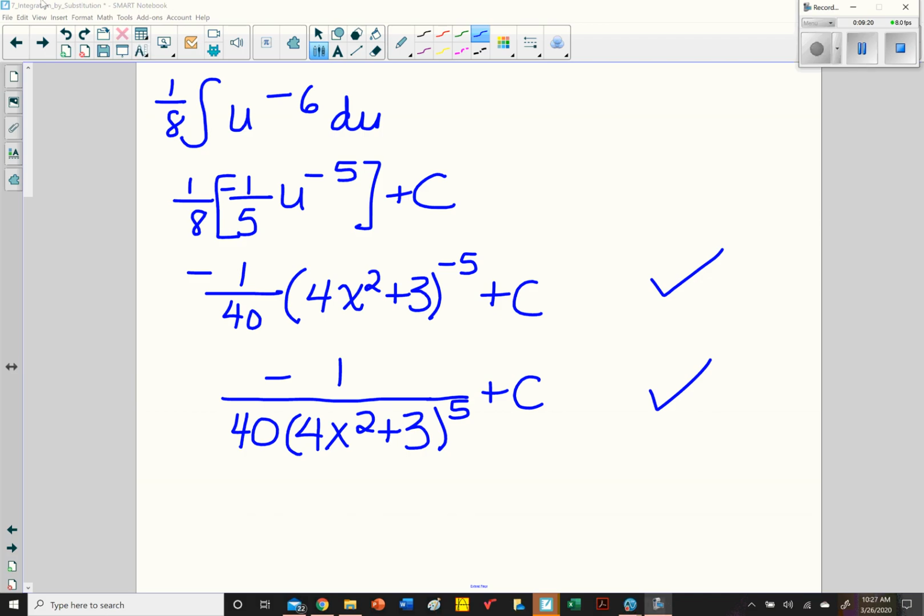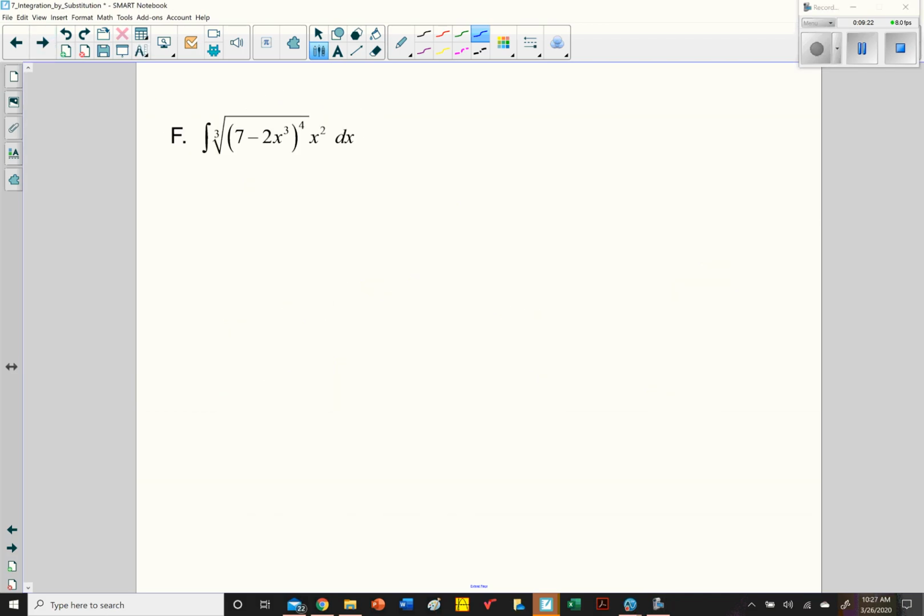Now our last one. And once again, we're looking for the ugliest part of the integrand, which would be under the radical, 7 minus 2x cubed. Our derivative needs to be a squared term, and I see that right there.